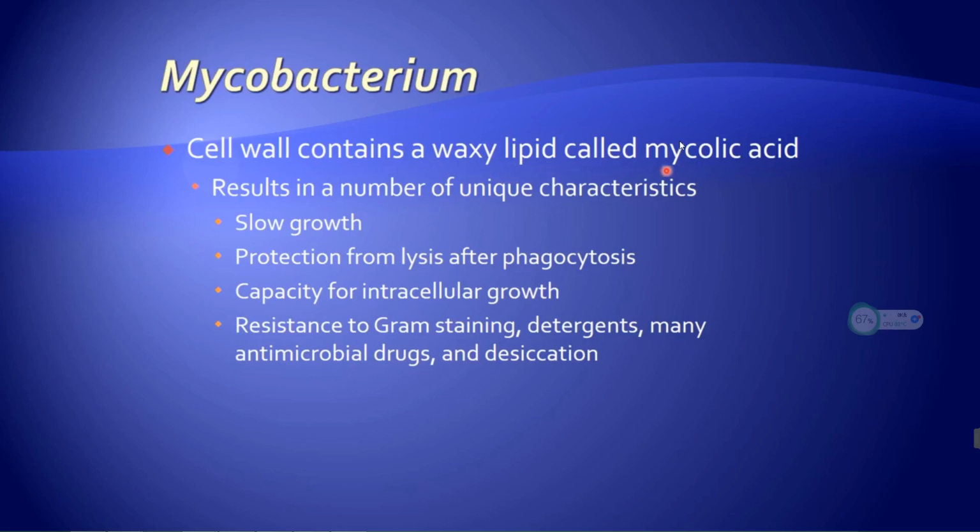It's called mycolic acid, and it really does have a number of unique characteristics. Because of the mycolic acid and another substance we'll get into in a few minutes, it really allows this bacterium to become what we call slow growing.